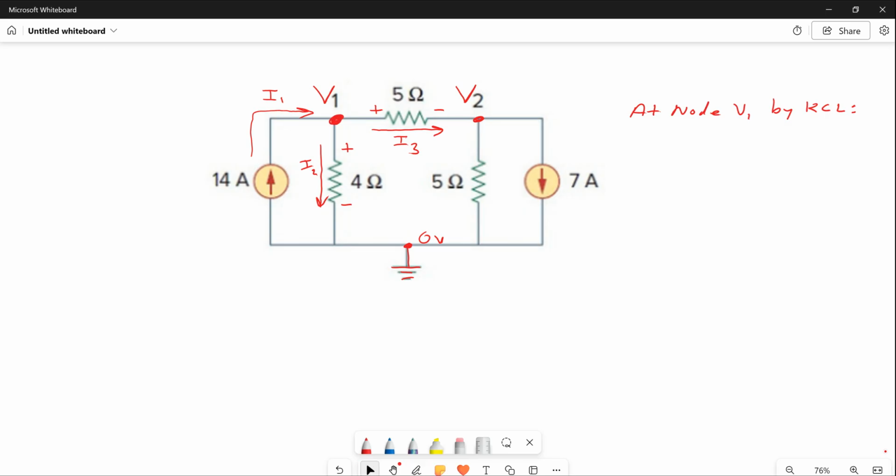So my convention is currents coming in are positive and currents coming out of a node are negative. It makes more sense to me that way, although you can use whatever convention. Some instructors like current going in is negative and current coming out is positive, but if you look at it in terms of water going into a bucket, water going into a bucket adds, water coming out of a bucket subtracts from the water in that bucket.